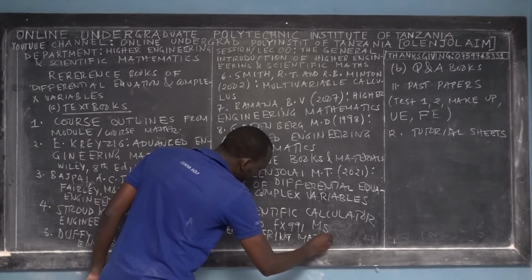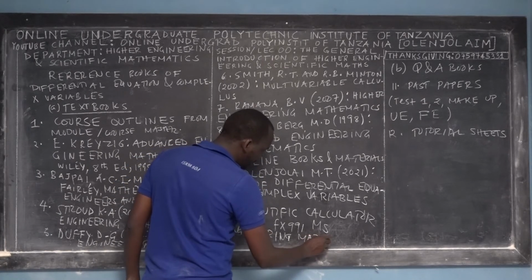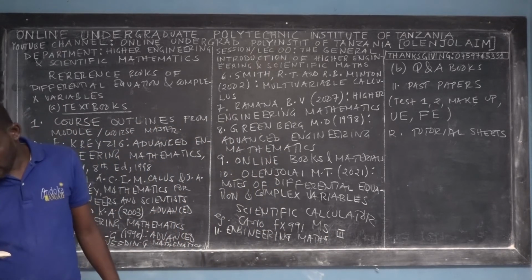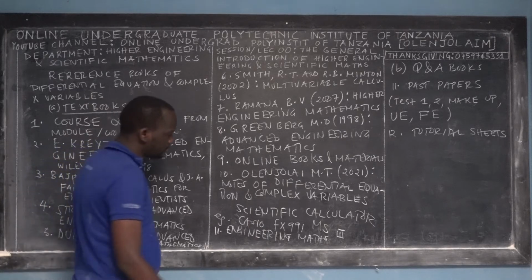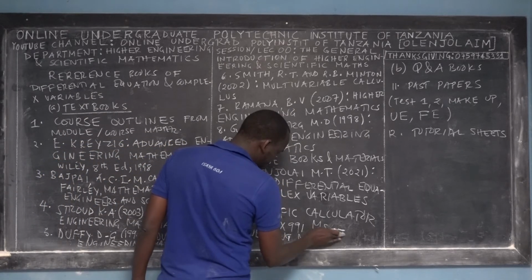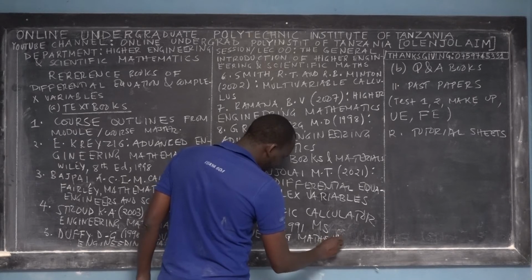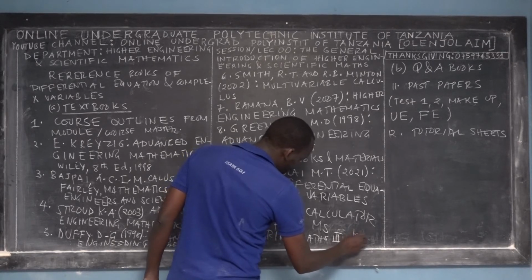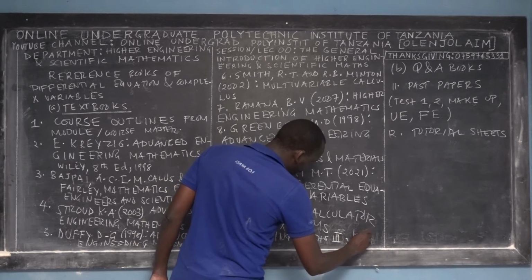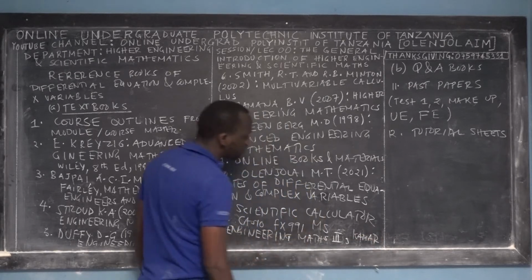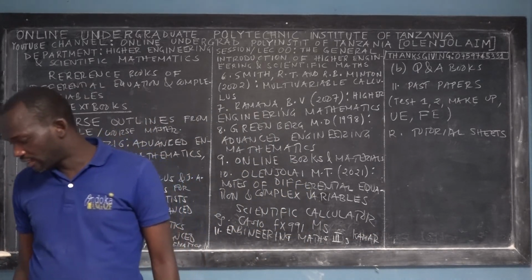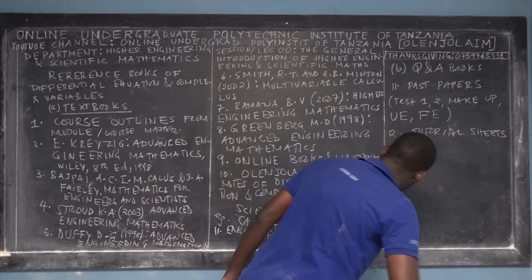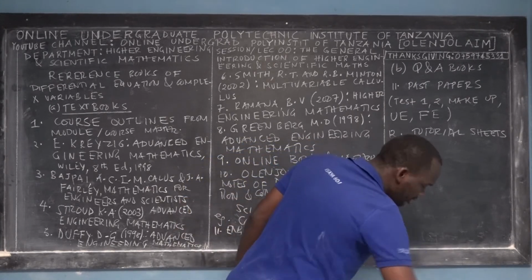Engineering Mathematics 3, and the author is Dr. Kumar, not Kamar, Kumar. This is an Indian name. So that's the author of this book, Engineering Mathematics 3. It's a very good book, an excellent book in complex variables compared to other books that I have gone through.